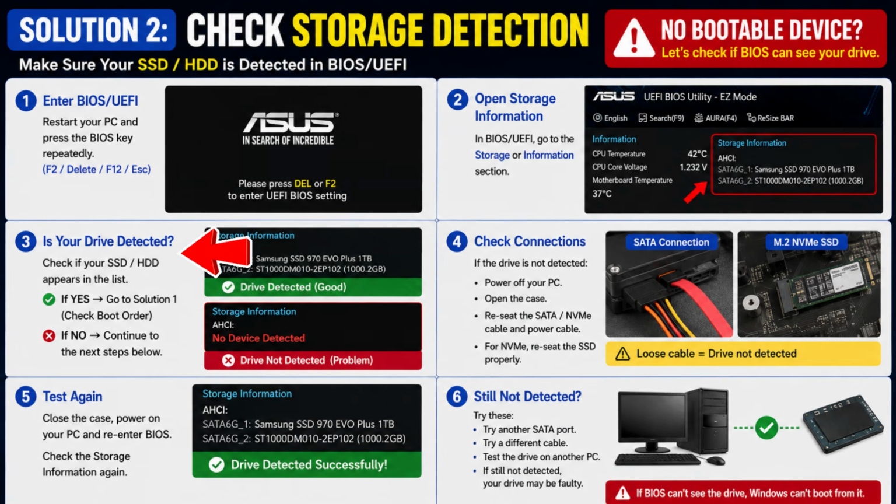If it's not, then check your connections inside your CPU, check your SATA connection and NVMe SSD. So open your case and check your connections. Then test it again, and if it now finds your drive, you are good to go. There is no problem with the storage detection.